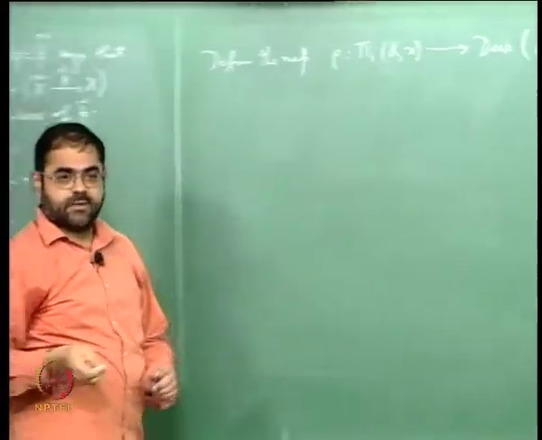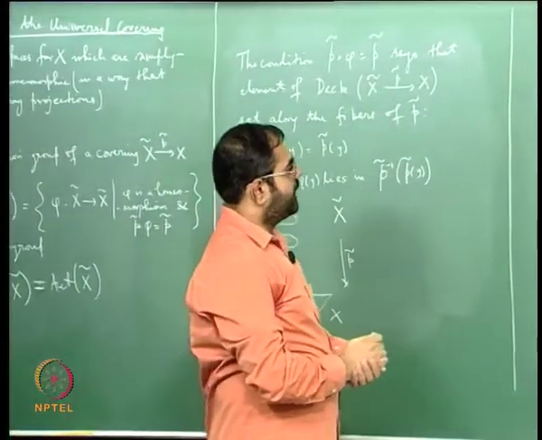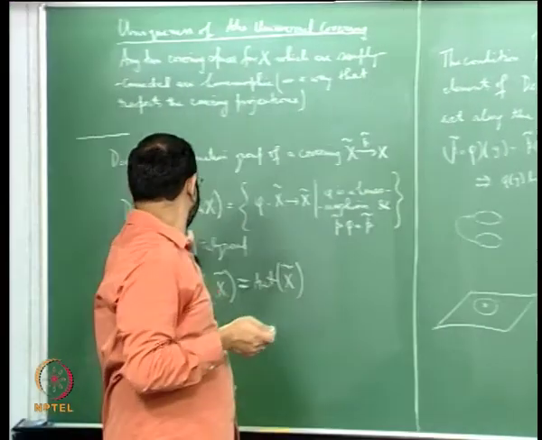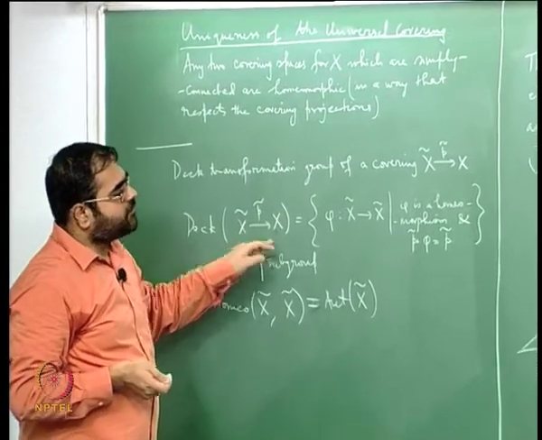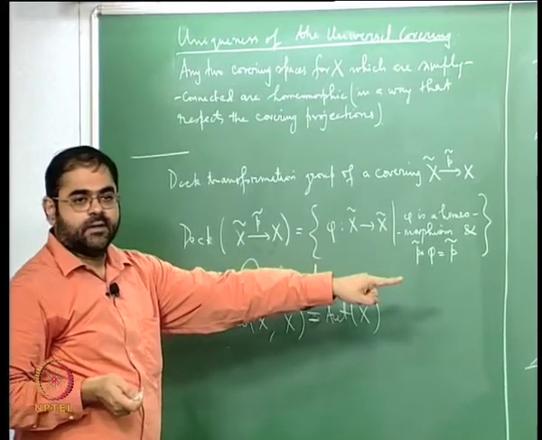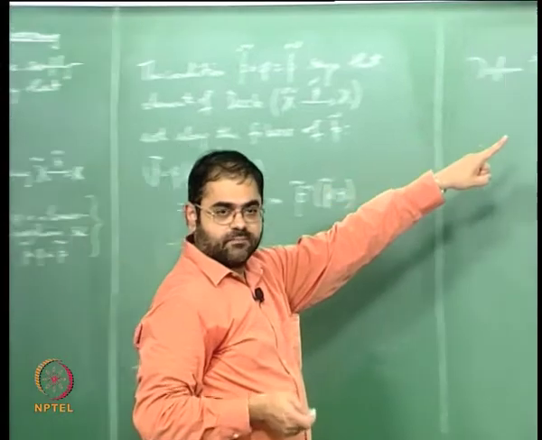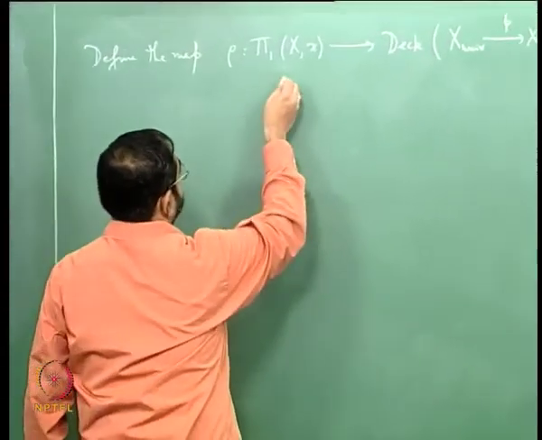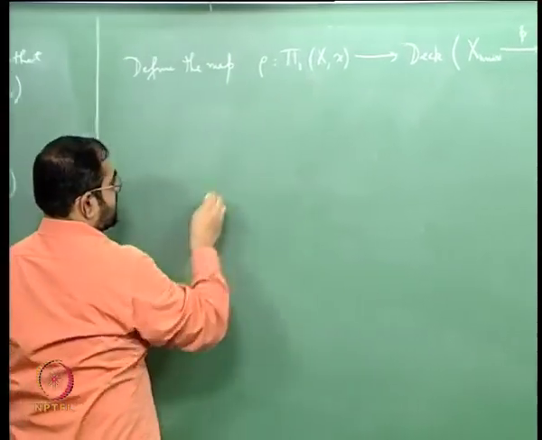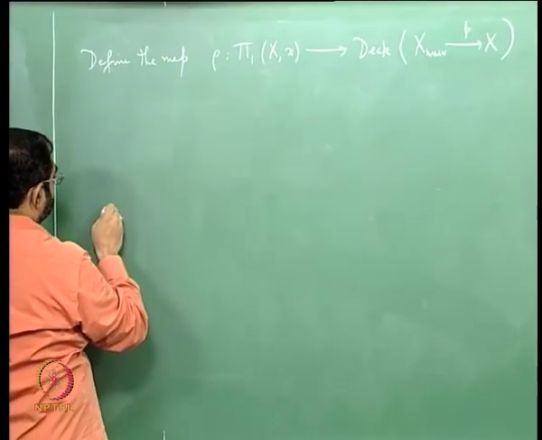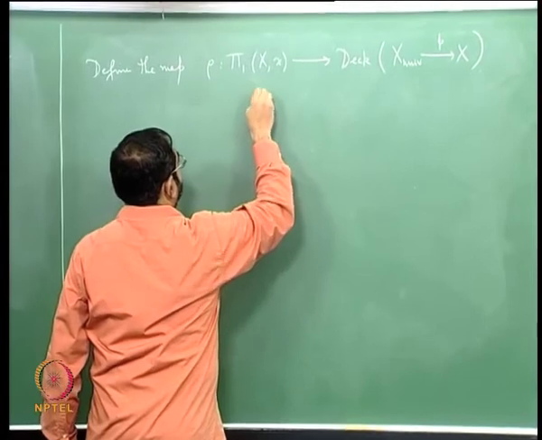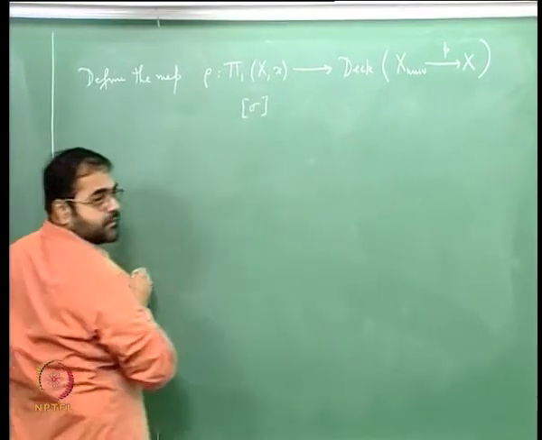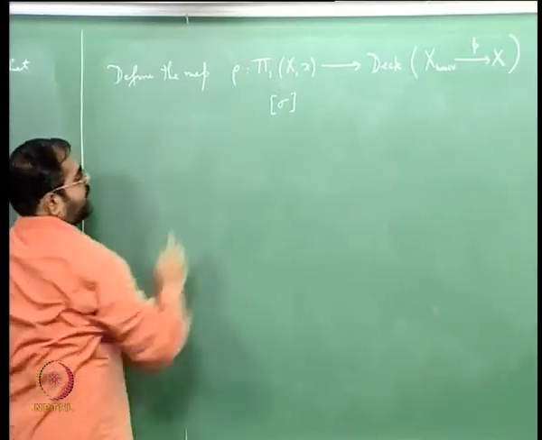I am going to define this map. Of course what I have said here is the deck transformation group of a general covering. I am now going to restrict to the case of the universal cover. So what is this map? It's the following. Suppose I start with a sigma. Now a sigma here is a loop based at x.